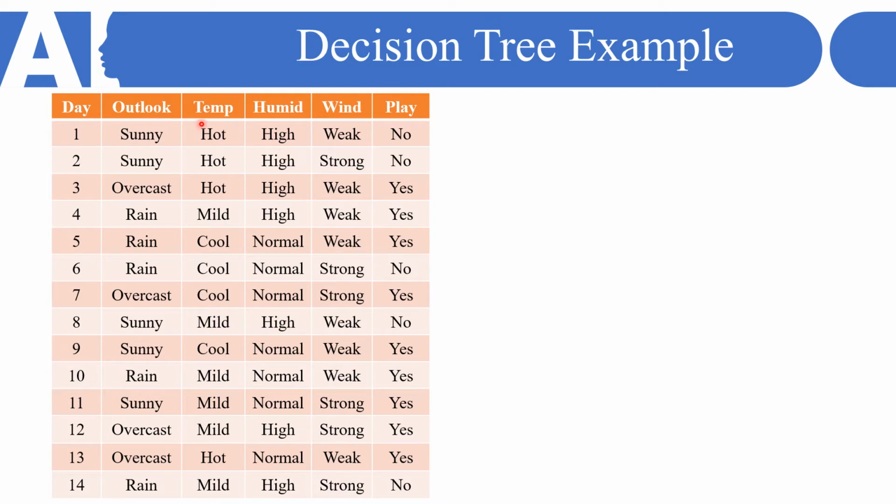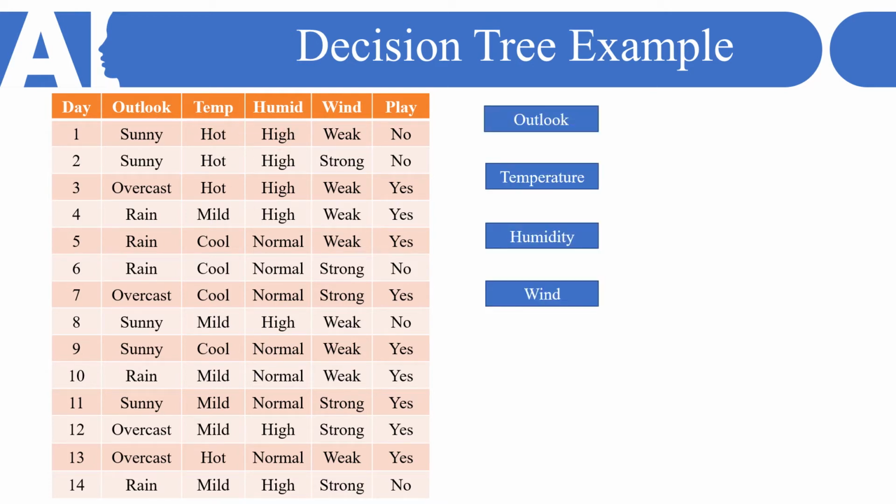On which basis can that be selected? We are going to find out the information and then the information gain for each parameter, and then we will compare them for every one.